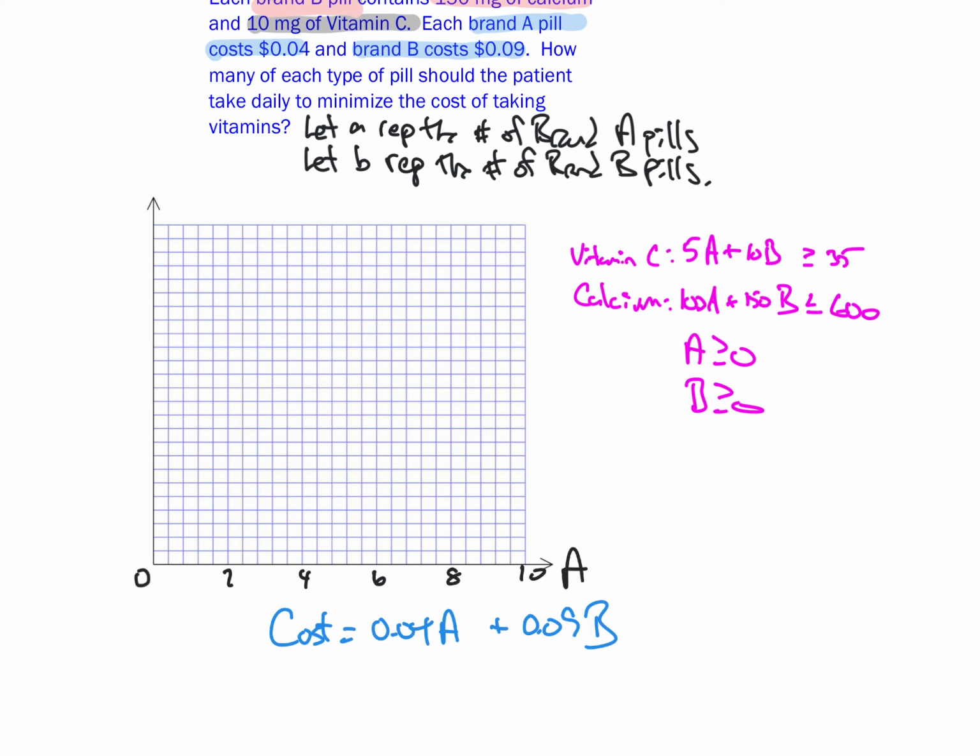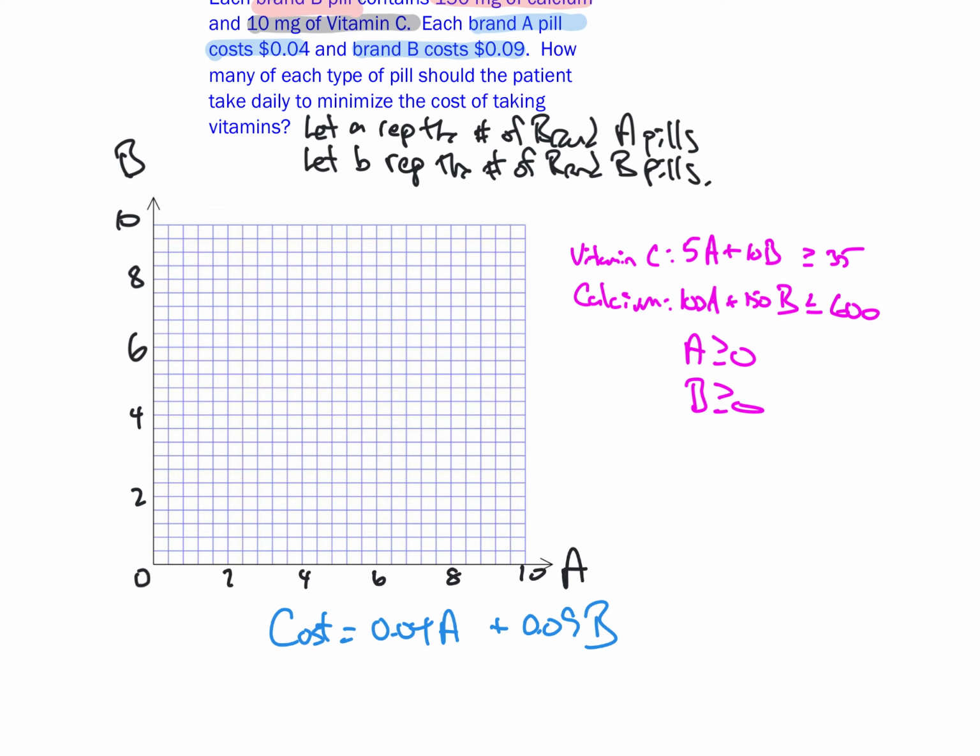That's brand A pills and brand B pills. All right. Now it's just a matter of graphing this.